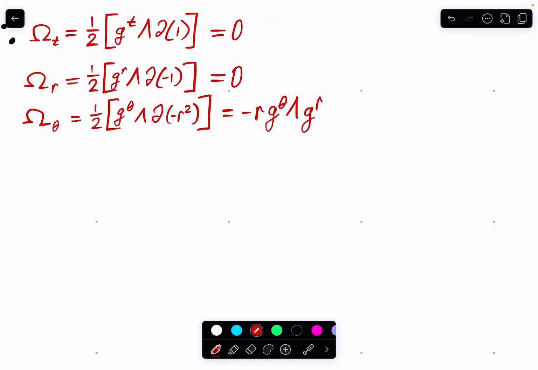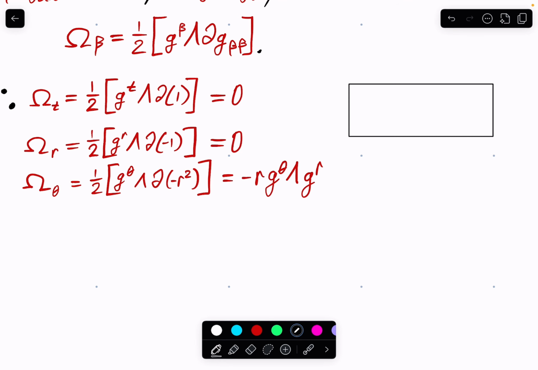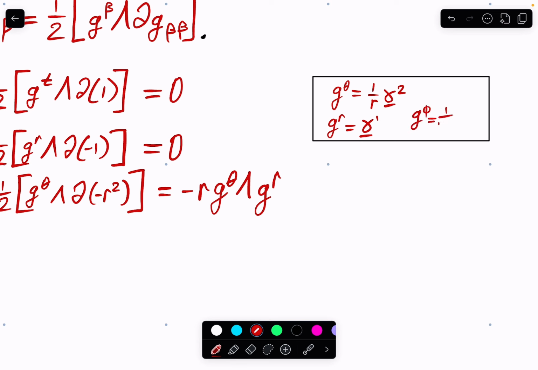And then recall that in tetrads, we have that z theta is equal to 1 over r, or gamma 2, and that z r is just equal to this, and we'll also have this identity, which we'll use in a second.